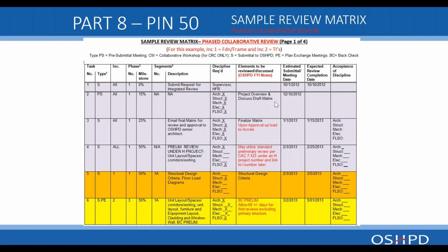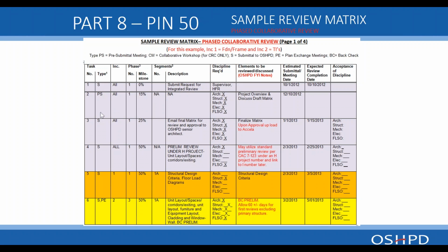So the second sample review matrix is for phased collaborative review. The first one was phased review, which you'll note we only scheduled plan exchange meetings. The difference here on this one is collaborative review utilizes collaborative workshops.